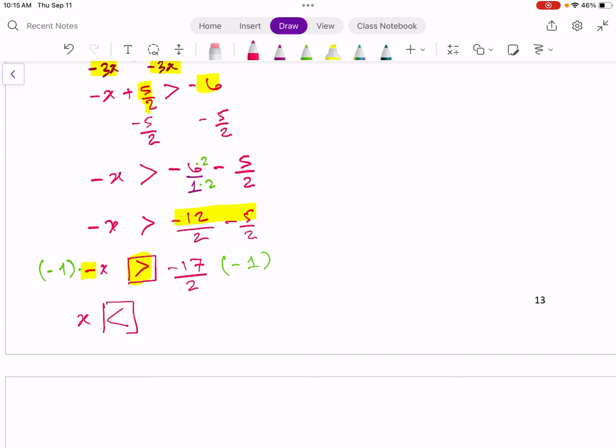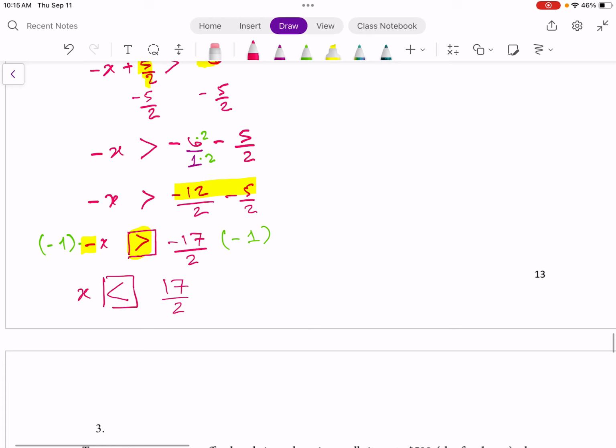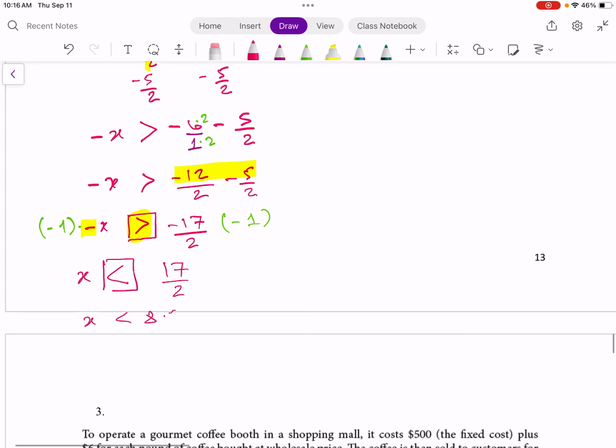And negative 17 times negative 1, that is positive 17 divided by 2. So now how do we read it? x is a number, so x less than 17 over 2. 17 divided by 2, that is 8.5, right? So every number less than 8.5 is a solution for this inequality.